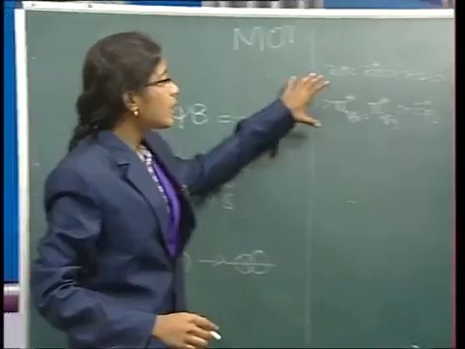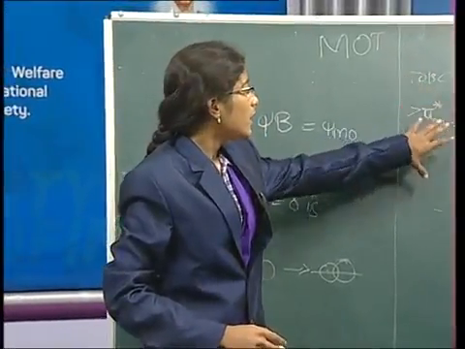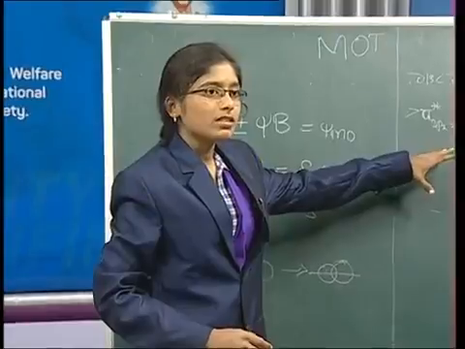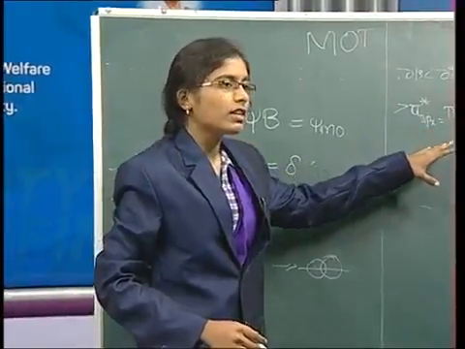It is the increasing order of energy levels for the heavier elements like oxygen, fluorine, neon. It is not correct for the lighter elements.